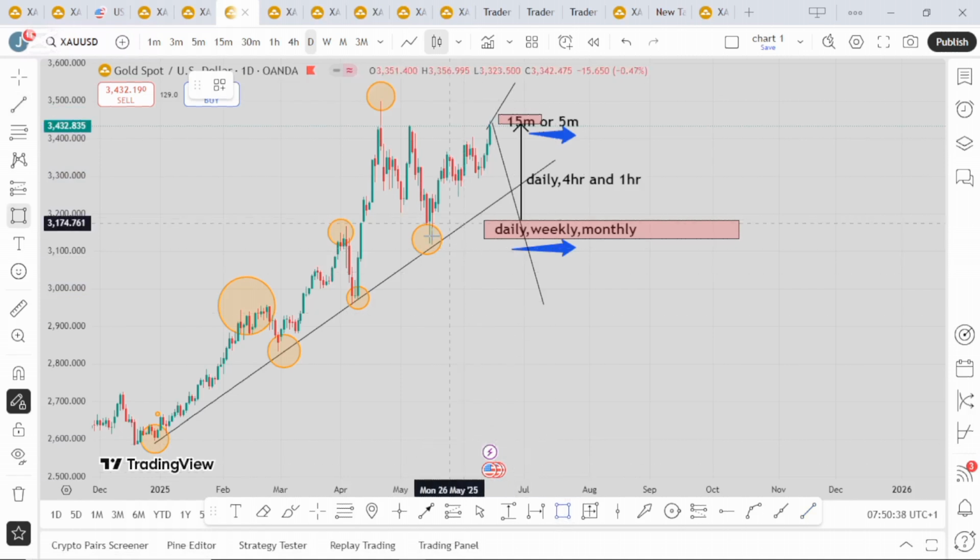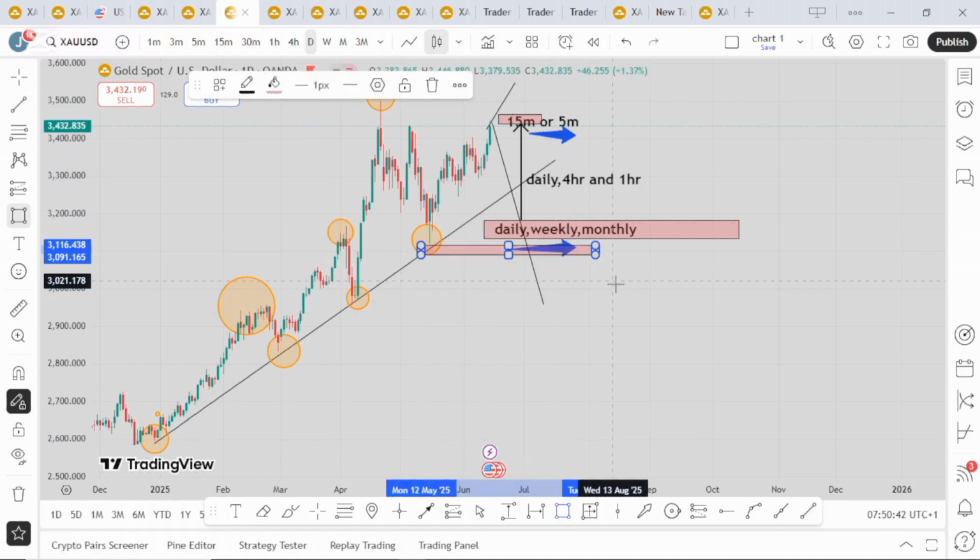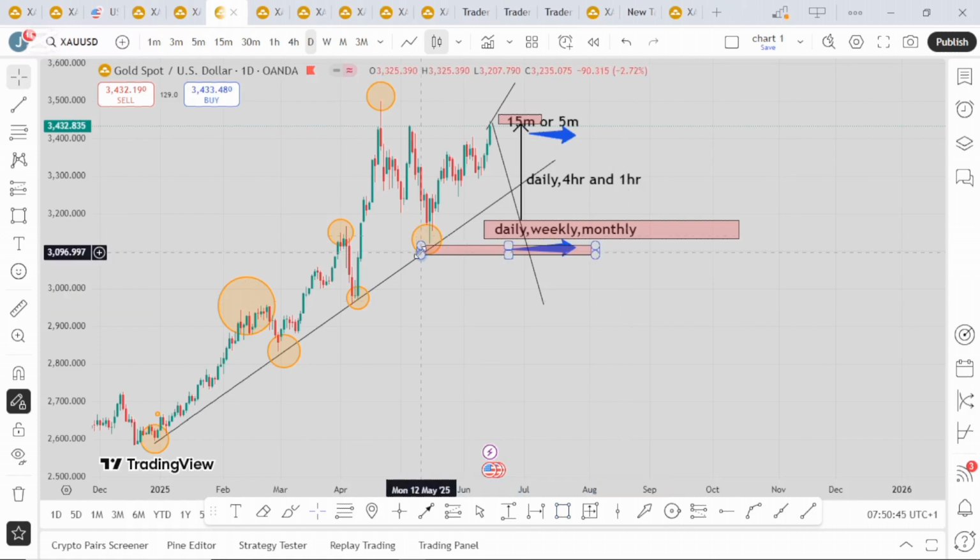As long as anything that goes on within this zone is still bullish, until we see this particular level being violated, that is when we say there's a shift of market structure. Since it is not violated yet, we are still on a bullish market structure.